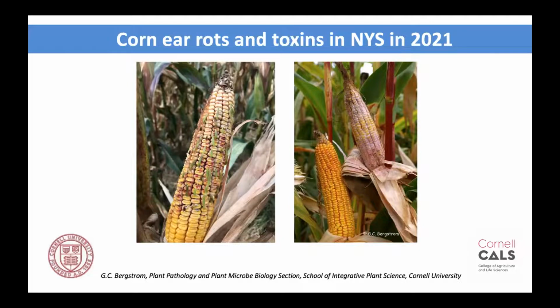It's not uniform by any means, but particularly in some locations in Finger Lakes and the southern tier counties, we saw rather intense development of gibberella ear rot, this pink ear rot that you see on the right-hand side, something we have endemic to New York State, but starting to get significant feedback from some of the feed mills in the state and also our corn ethanol plant.